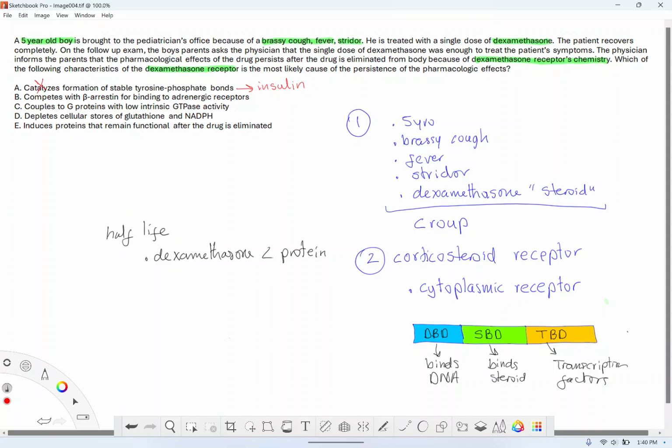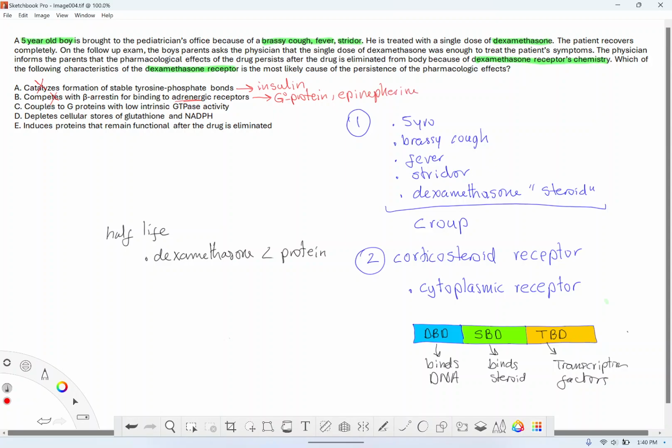Competes with beta arrestin for binding of adrenergic receptor. Adrenergic receptor, we talked about it previously. They're G protein receptors, like for epinephrine and so forth. These are cell surface receptors called G protein receptors. They are not cytoplasmic receptors, and they are for epinephrine, adrenaline.